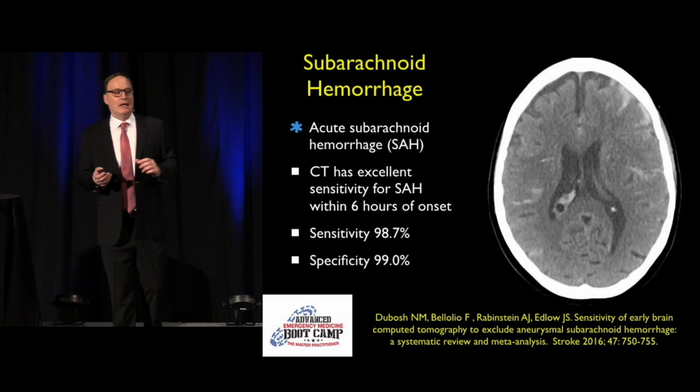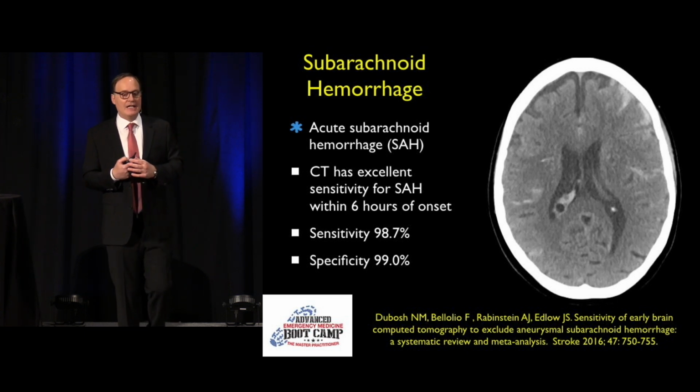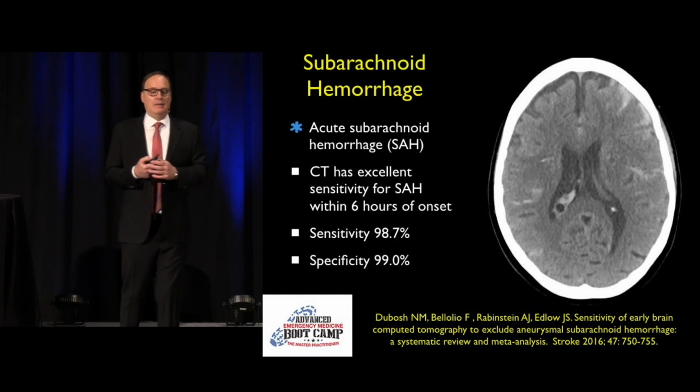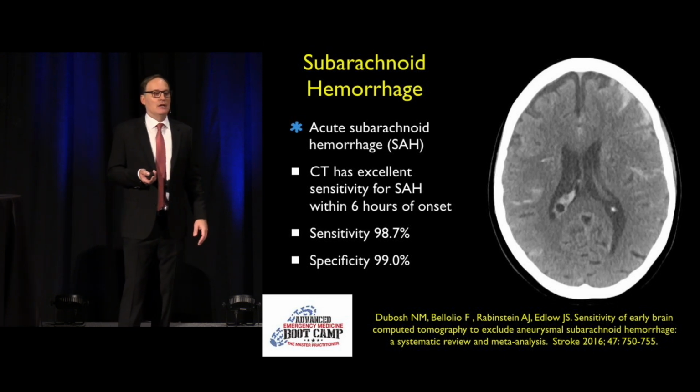And I think that technology is moving very fast forward. I hope that we'll be able to get away from LPs, but if you can get the patients very quickly to the CAT scanner, this is going to be an excellent test, okay? And you can probably go ahead and defer your lumbar puncture.